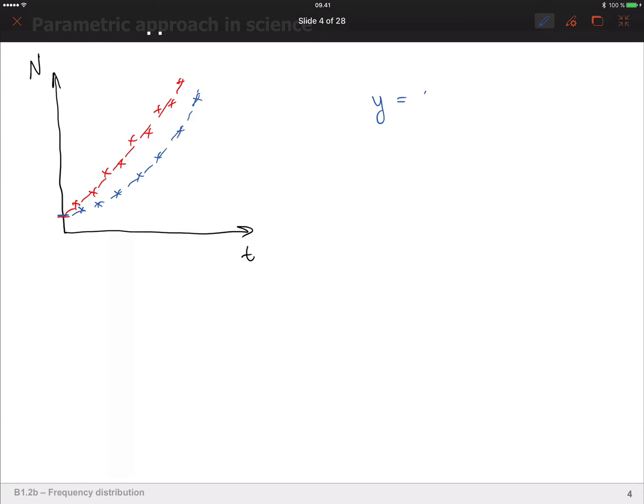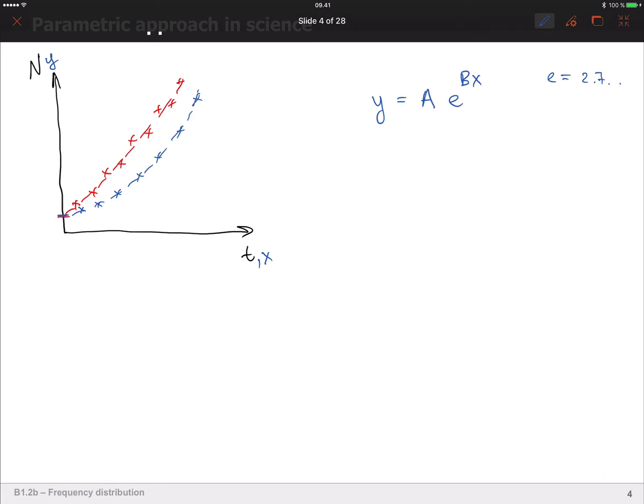So we know that this is the exponential function, y equals a e to the power bx, where, if you don't remember, e is a constant 2.7 something. Okay. So y in this case is the number of flies, and x in this case will be time. Okay. So now we can identify these two parameters a and b for each media.